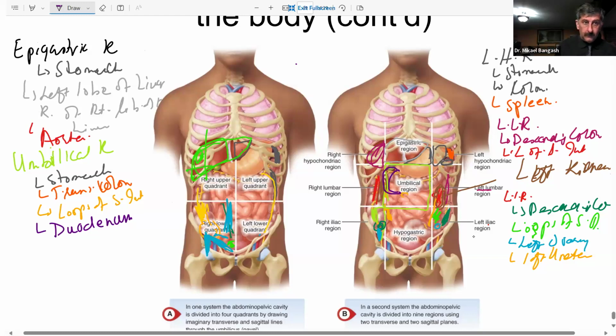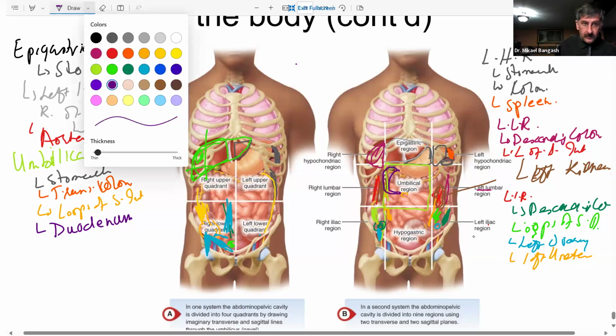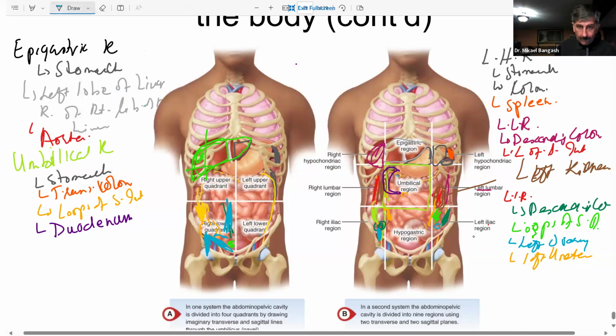While the remaining part fitting into this duodenum here is going to be your pancreas.